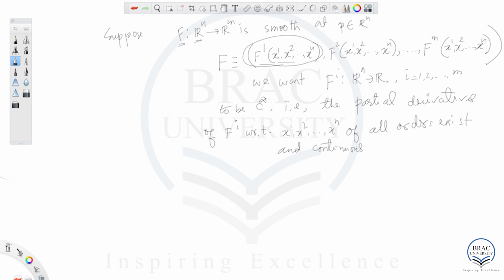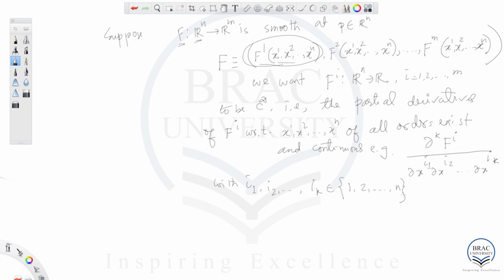Example, the k-th order partial derivative of Fi with respect to x_i1, x_i2, all the way up to x_ik, with i1, i2, all the way up to ik integers belonging to this finite set 1 to n, the first n positive integers.